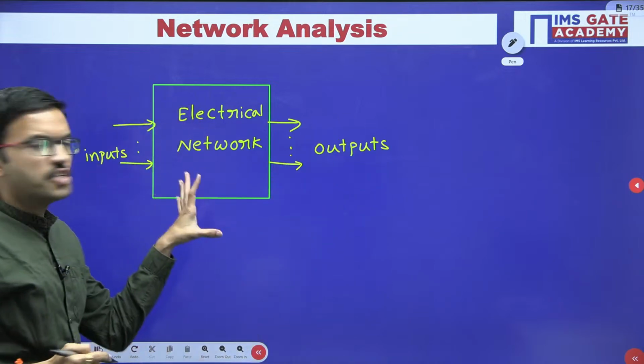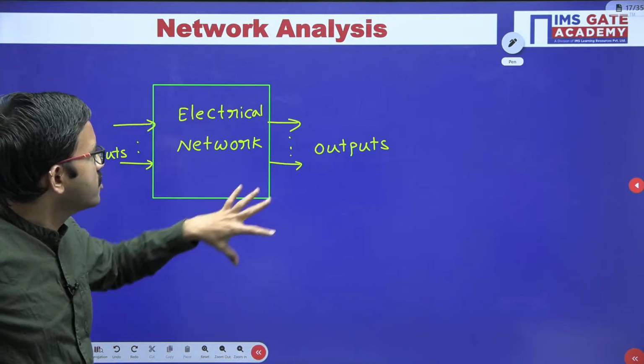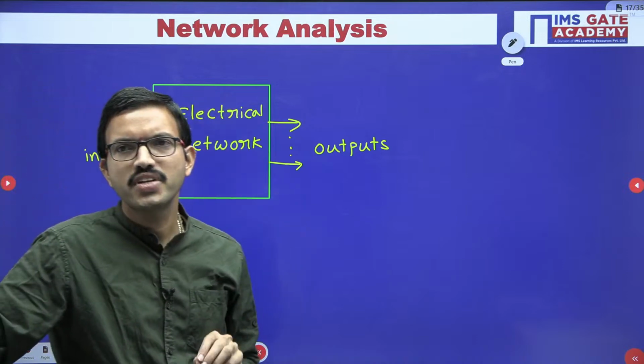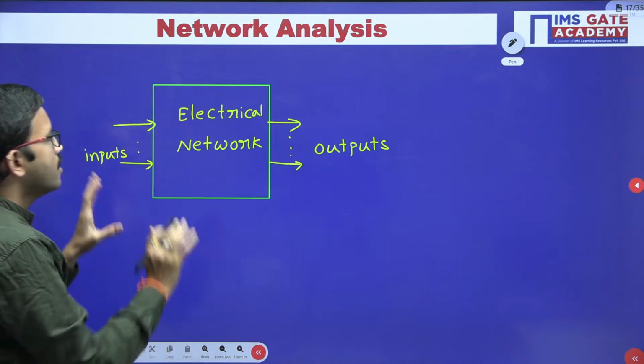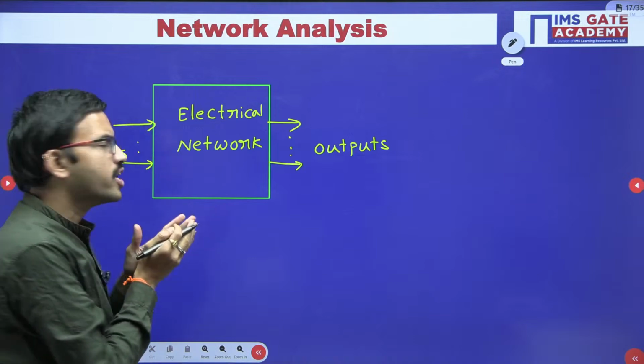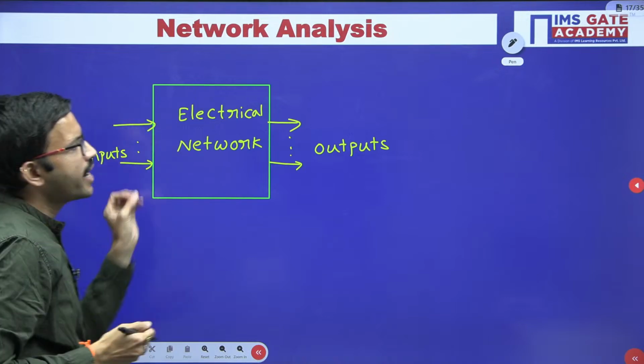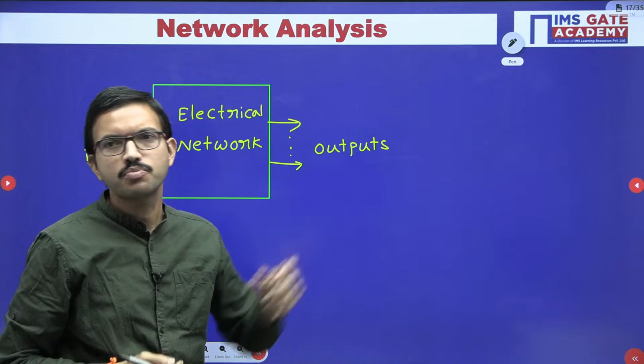Say for example, you have an electrical network which consists of various electrical components. For that physical network, you are giving some set of inputs and analyzing what kind of output you are going to get.